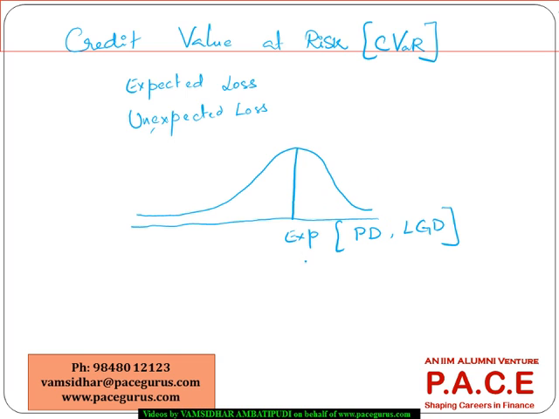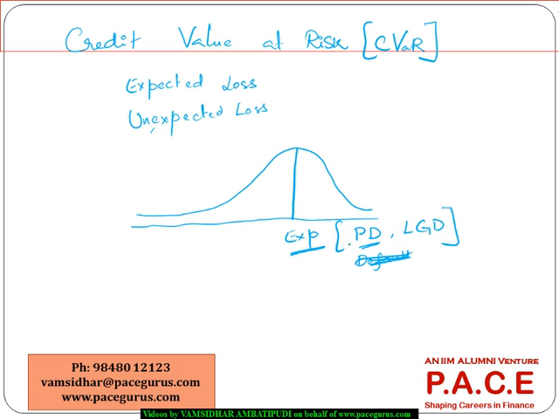So using these things we are trying to measure the expected loss, and of course when I talk about a portfolio, along with the probability of default of the individual positions or firms or credits, I am also talking about the default correlation existing between the various pairs, which we would also consider in case of a portfolio.